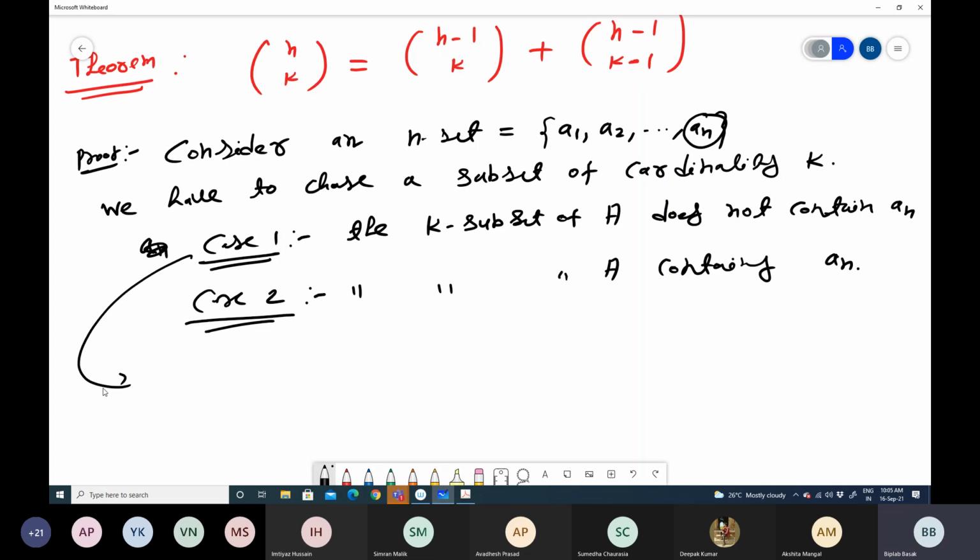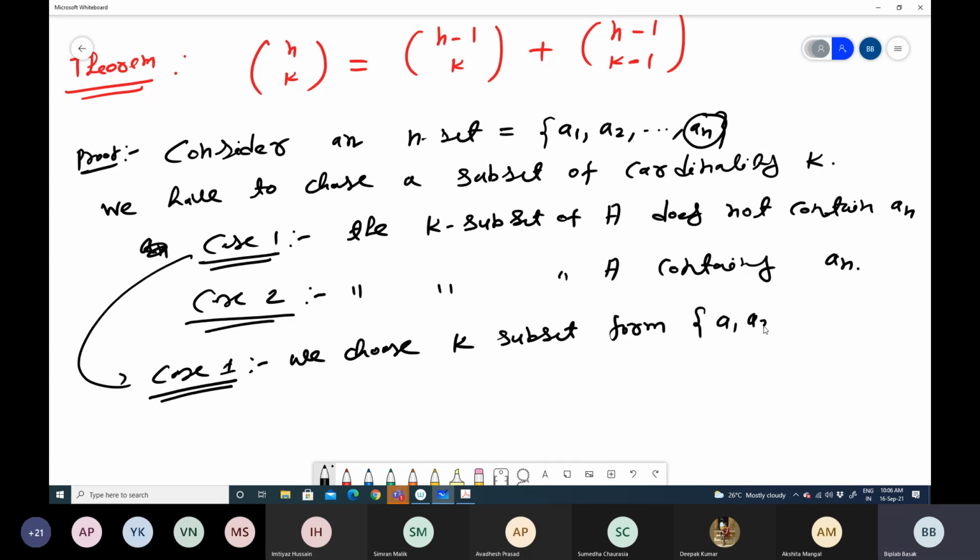Now look at case 1. Since we are choosing a k subset of A such that the subset does not contain an, that means we choose a k subset from a1, a2 up to an minus 1.